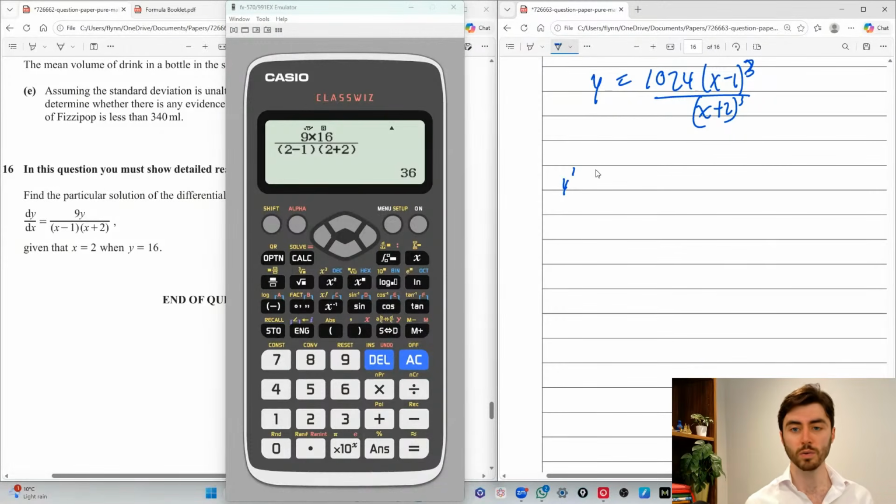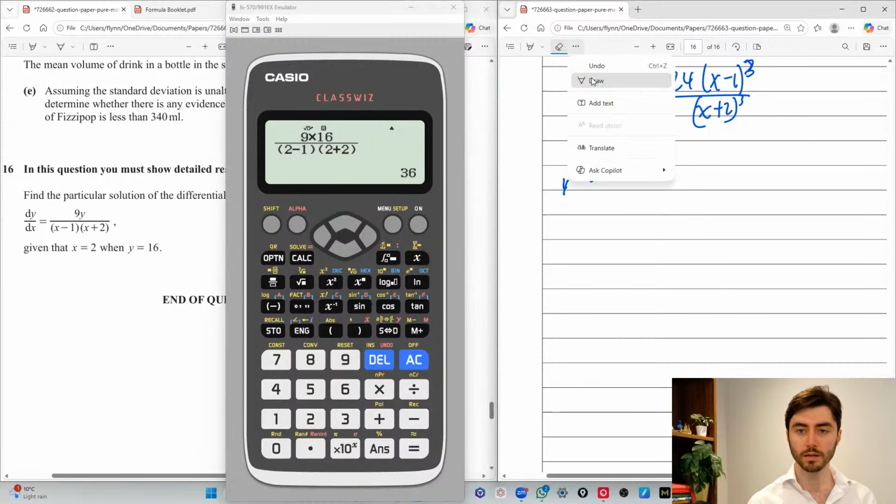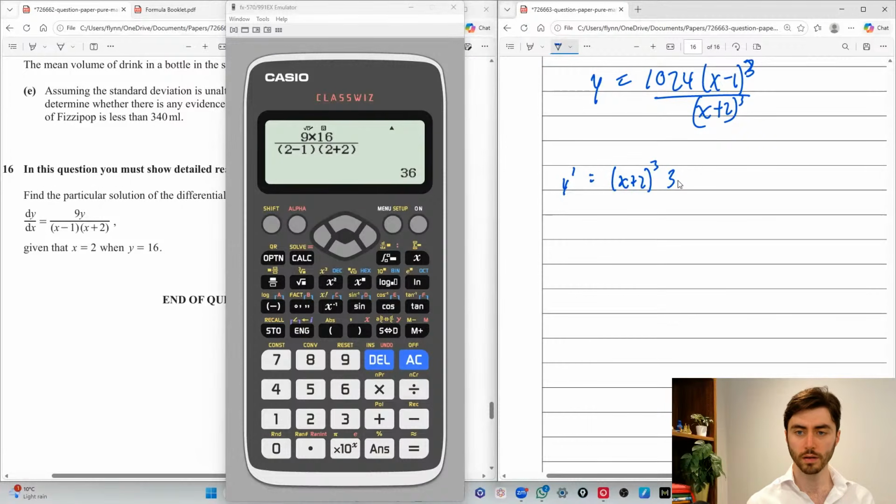So here, using the quotient rule, it's bottom d top minus top.